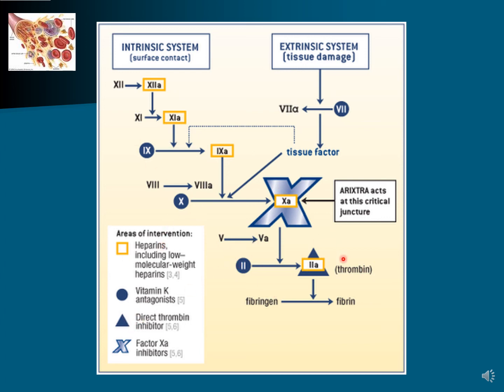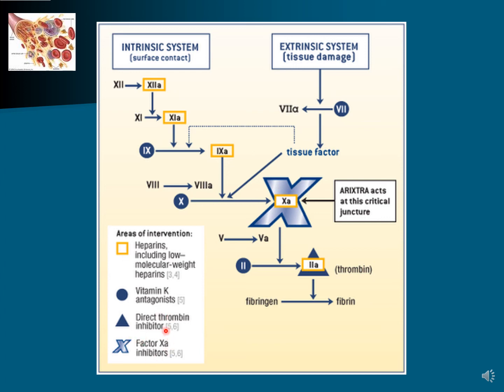Then the triangle here are the direct thrombin inhibitors. So this was like dabigatran. These are direct thrombin inhibitors and block the conversion of fibrinogen into fibrin, so block the formation of the fibrin clot.